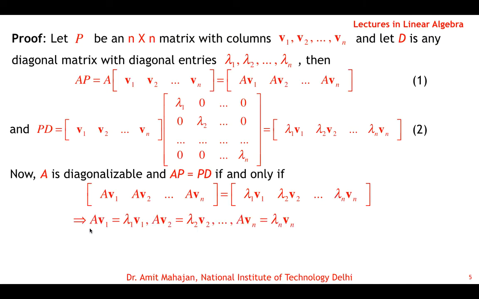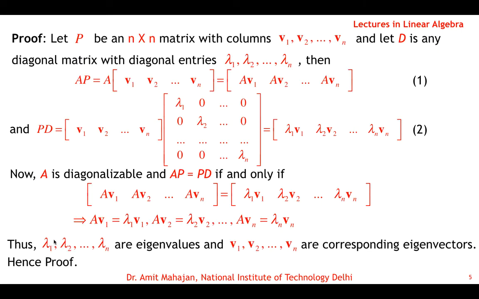And clearly this shows that the matrix A, when operating on v1, gives lambda 1 times v1. So v1 is an eigenvector with eigenvalue lambda 1 for matrix A. Similarly v2 is an eigenvector with eigenvalue lambda 2 for the matrix A, and so on.